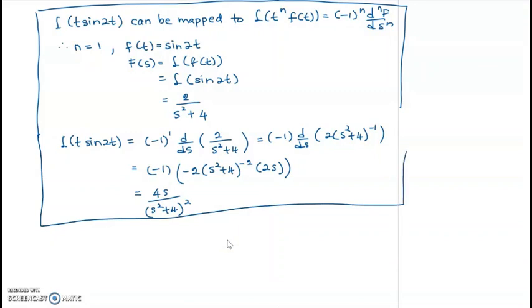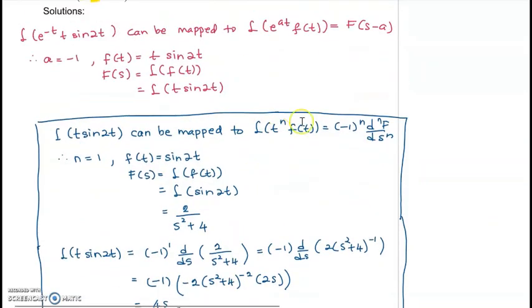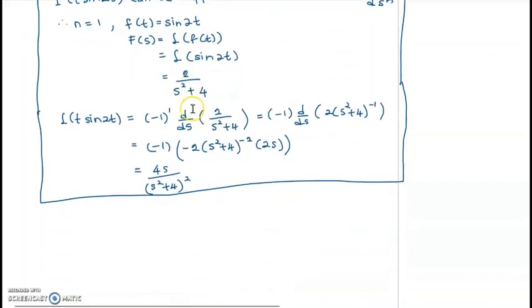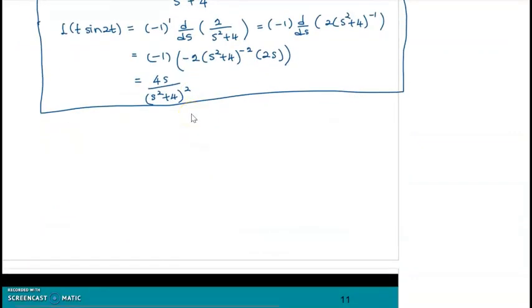But this is not our final answer. We need to go back to the original problem. So our F(s) is 4s over (s squared plus 4) squared.